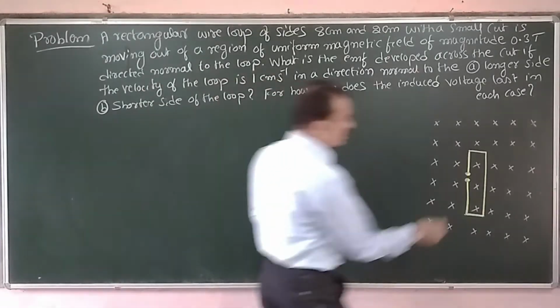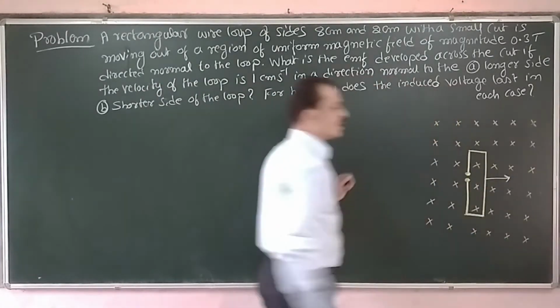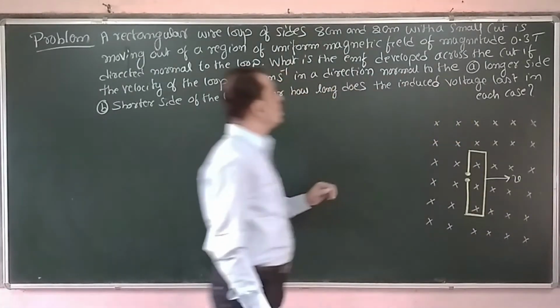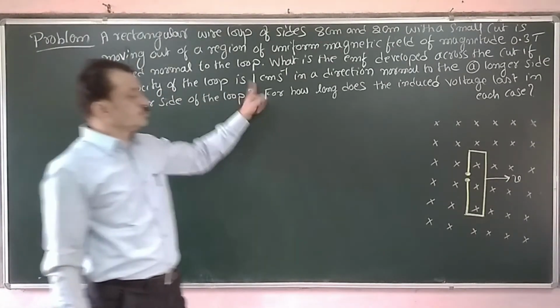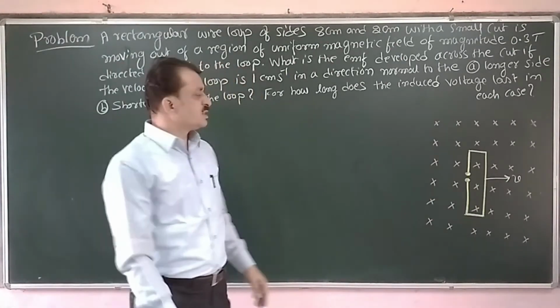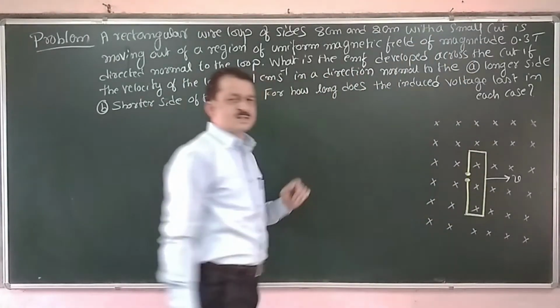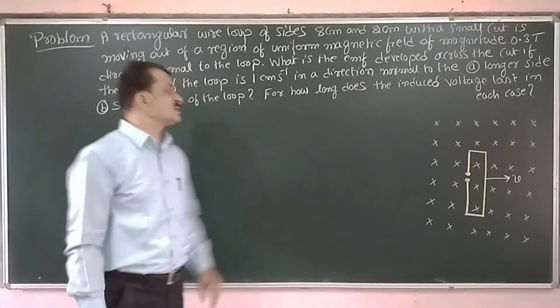The first case is the velocity is normal to the longer side. Now this is the velocity. It is moving with a velocity of 1 centimeter per second. In the second case, the smaller side is moving. It is taken upwards. Then what is the induced EMF in both the cases?